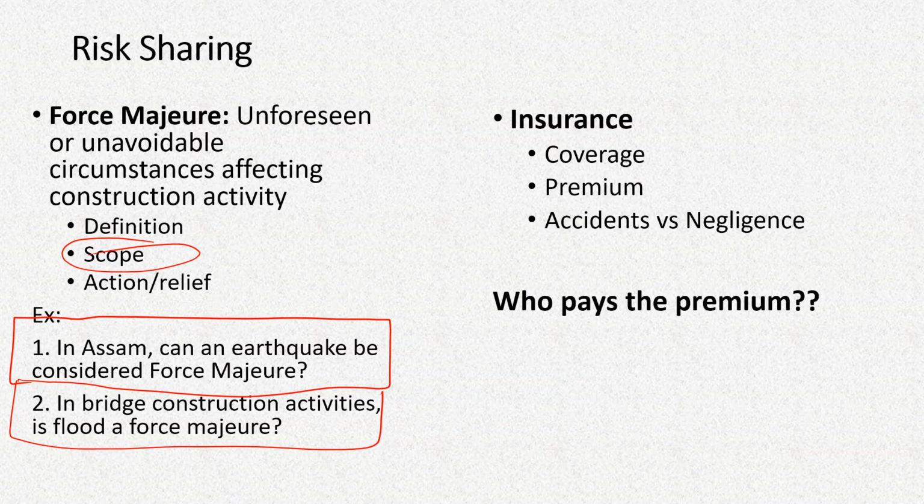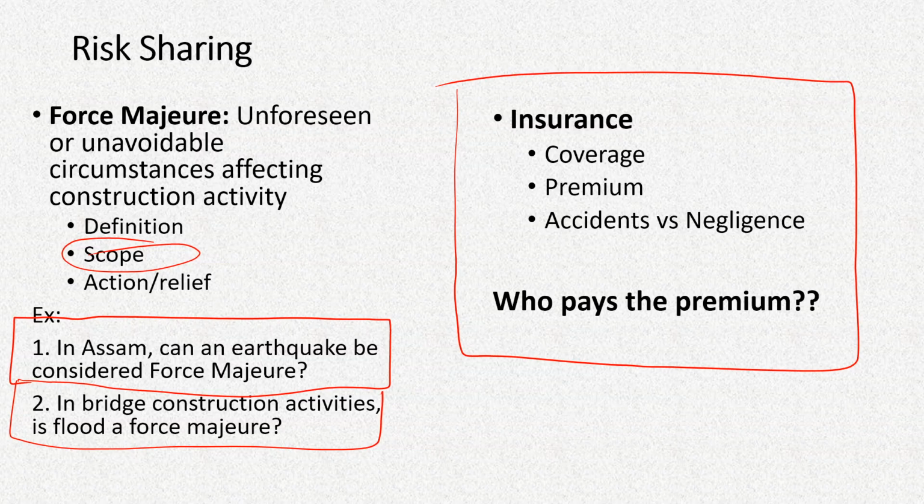Then we can come to insurance. Insurance is something where we expect that something may go wrong and some damages may occur. So in that case, some insurance agencies or companies will compensate for our damages, but for that we'll have to pay some premium.